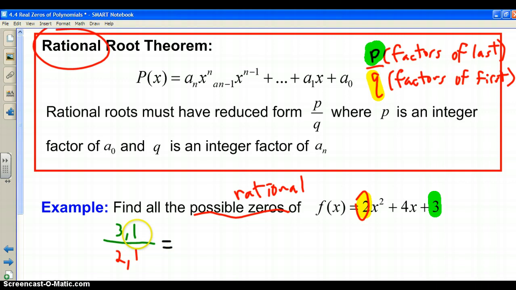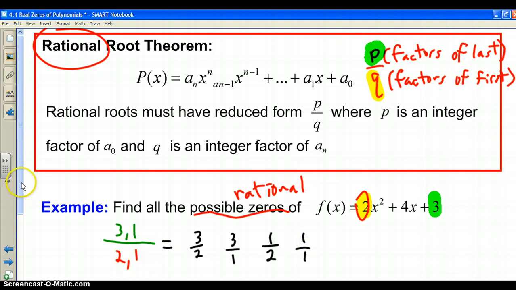Let's think about all the different possible combinations we could have from these two values. So we get 3 over 2. That's one possible fraction I can make. 3 over 1. That's this fraction right here. I could have 1 over 2. And I can have 1 over 1.